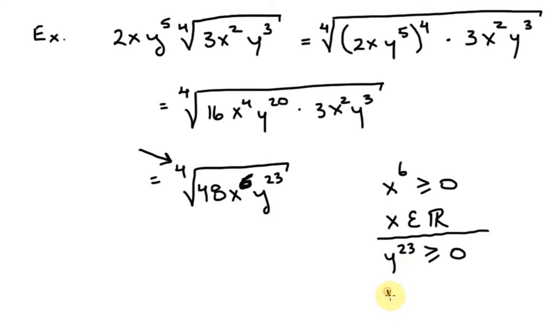So this basically boils down to y has to stay as a positive number. Otherwise, we're in trouble when we raise it to the 23, because we want to keep it positive. So this is kind of the important restriction here on y. X is okay, but y's got a bit of a restriction.